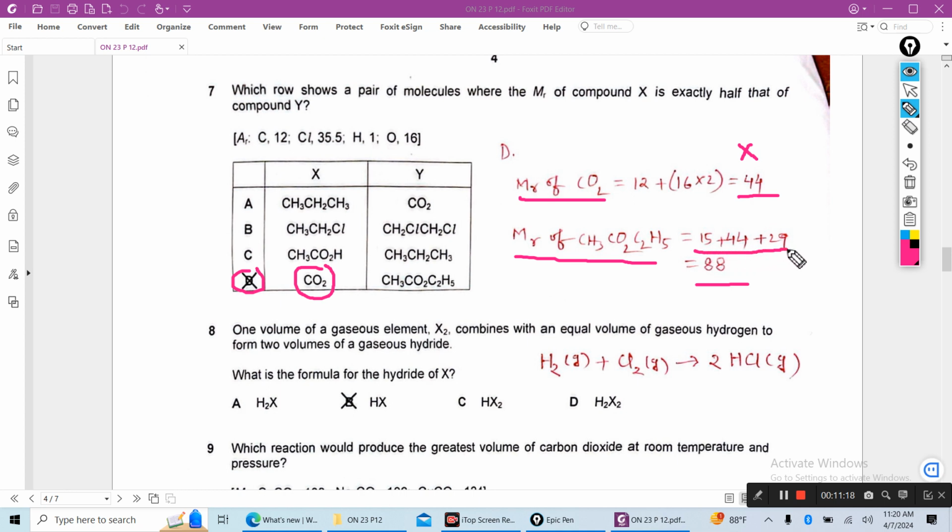If you count the relative molecular mass, you get 88, and this is Y. So 88 divided by 2, this means X is half of Y. Carbon dioxide's relative molecular mass is exactly half of ethyl ethanoate. So this is the correct answer.